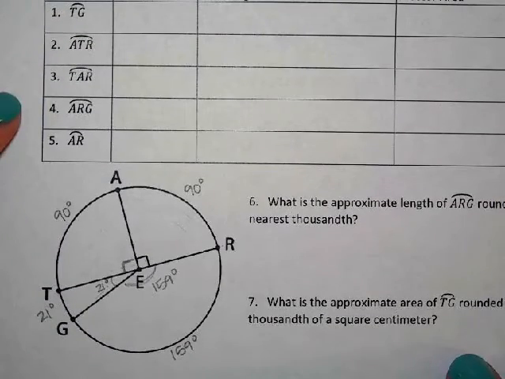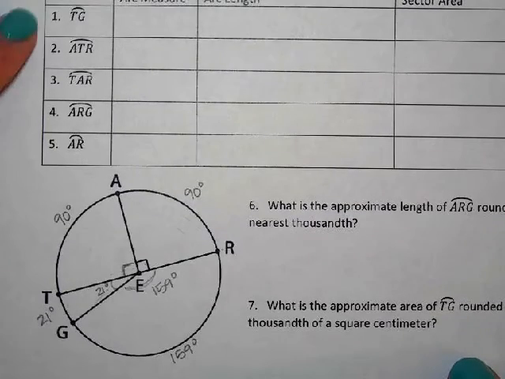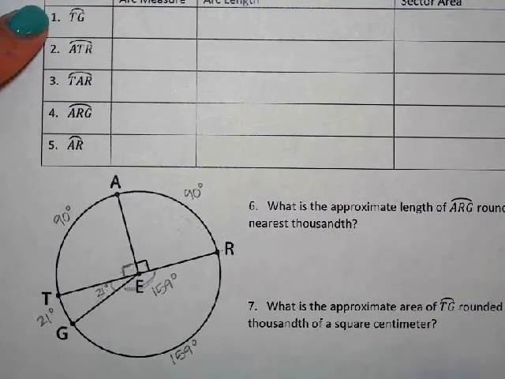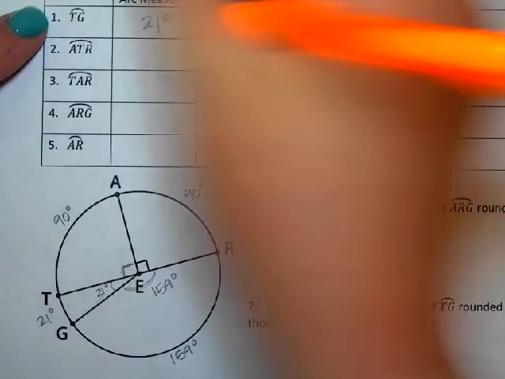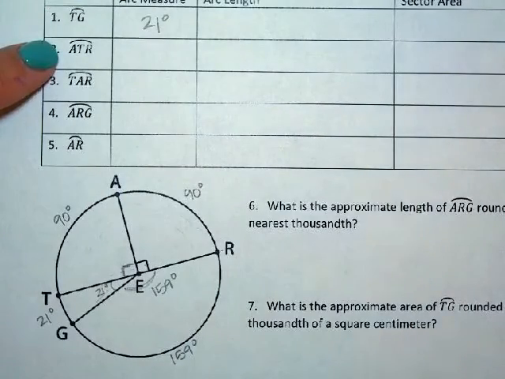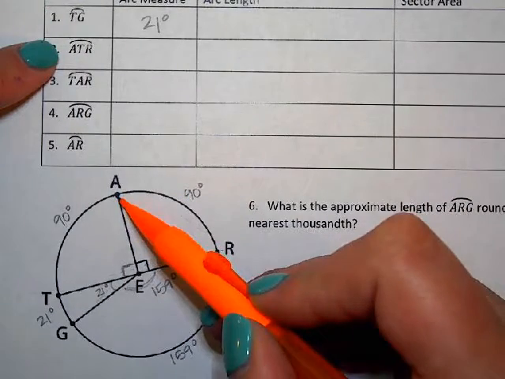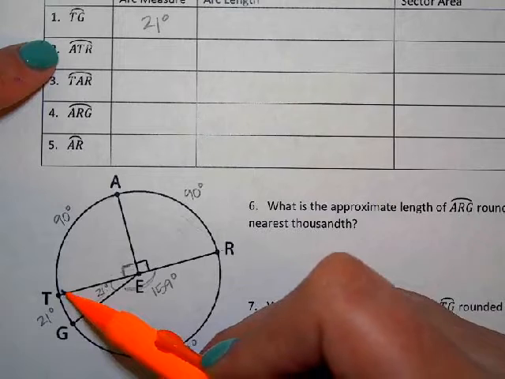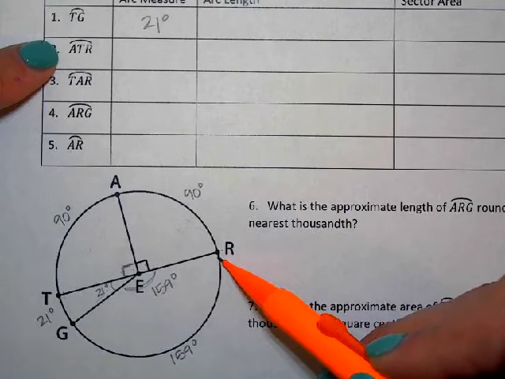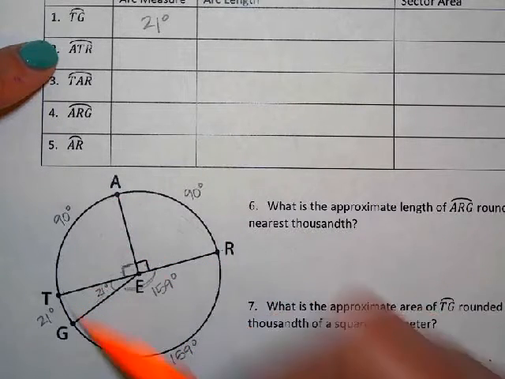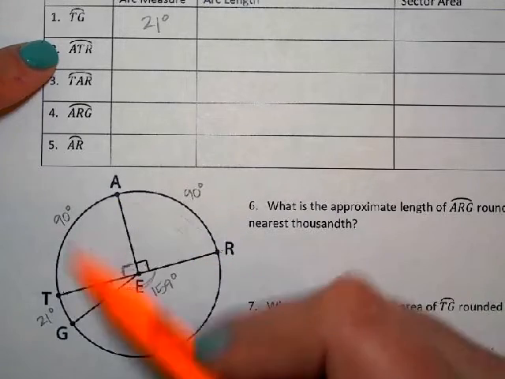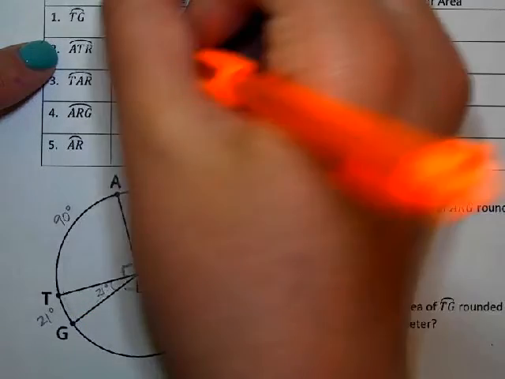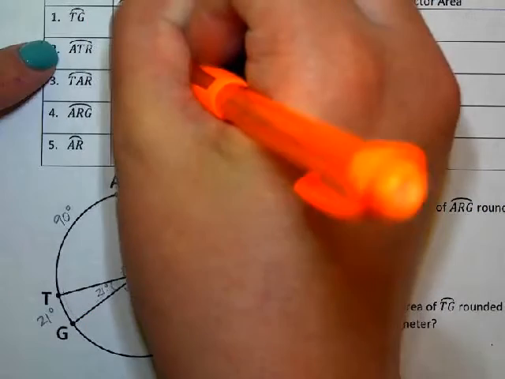All right, so the measurement of the arc from T to G, we can already see that that's 21 degrees. Okay, from A to T to R. A to T to R. How much is that? 270. Okay.